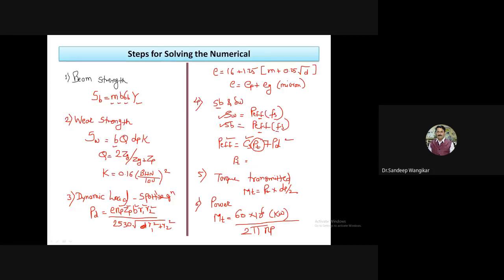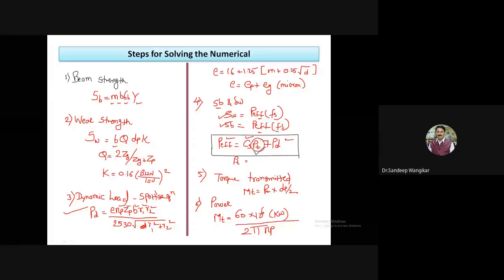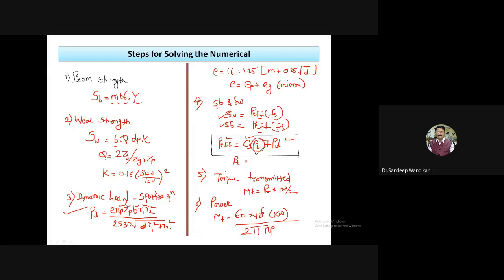Therefore, I will calculate PD in this case, and then use this formula to calculate PT, and this PT I will use further. So this is the difference between the last numerical, P effective is equal to CS PT by CV, and this numerical. So this is the outline, and let us start one by one after the steps.